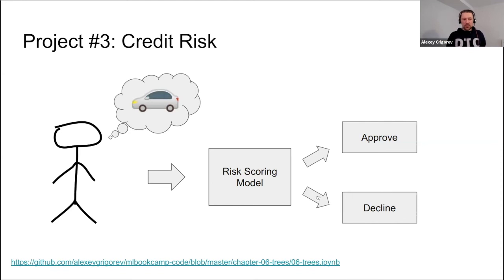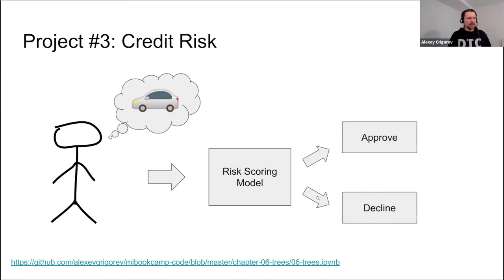So the next project you can do is, let's imagine that you are working at a bank, and somebody comes to you and says, hey, I want to buy a car, give me some money. And then the bank needs to assess if this customer is going to give back the money, if you're going to return the money or not. So banks usually have a credit risk system for determining if you're going to default or not.